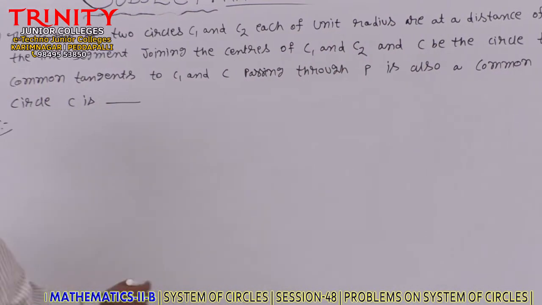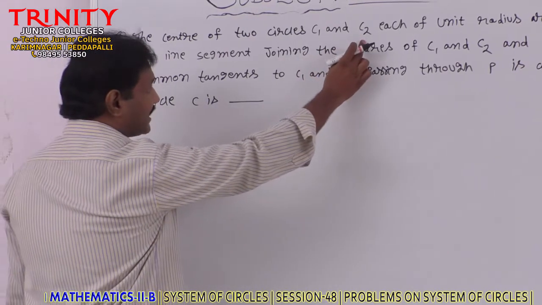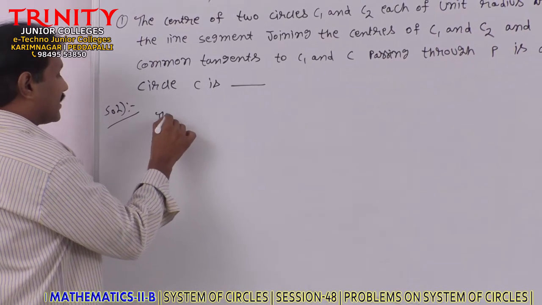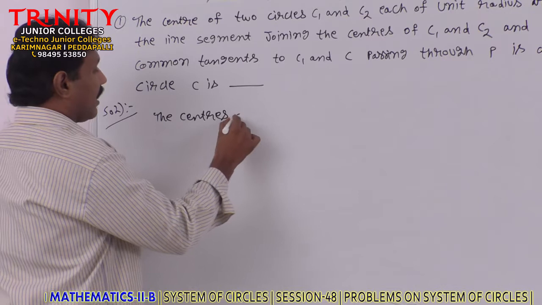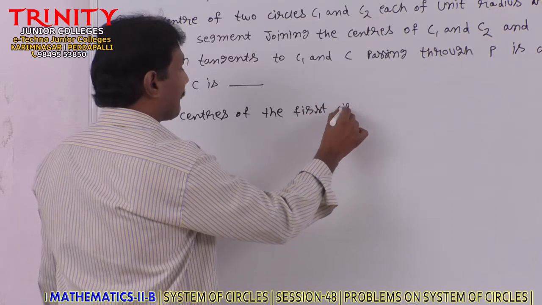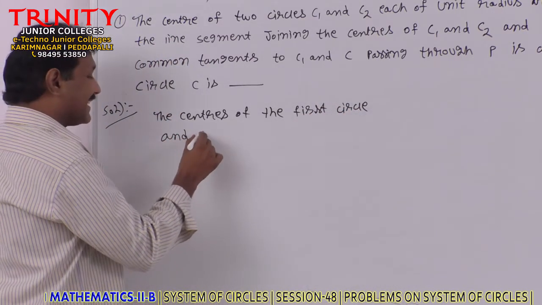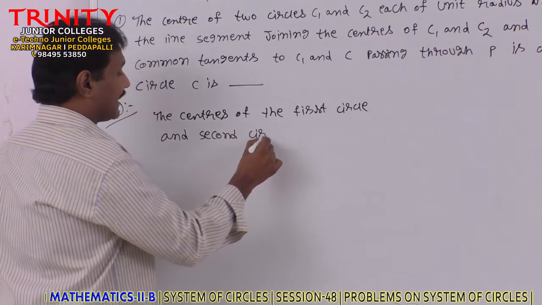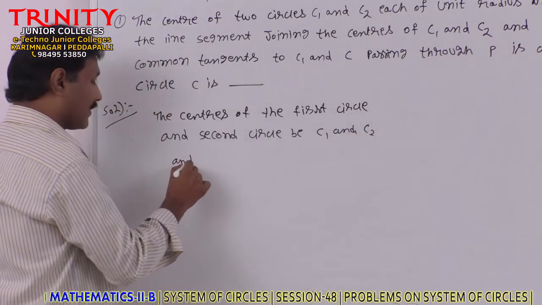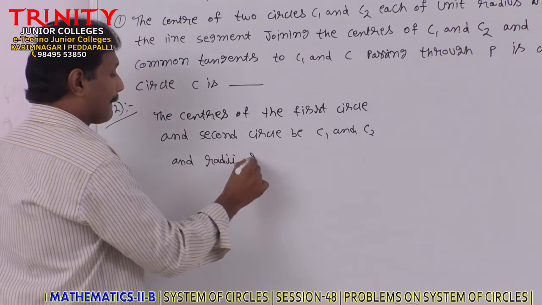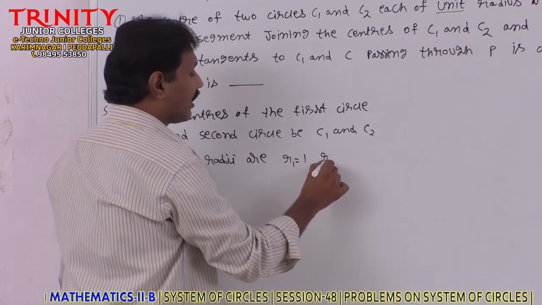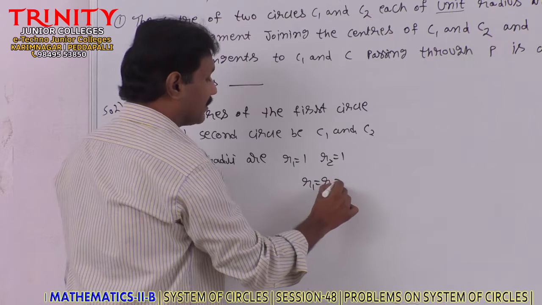The radius of each circle is 1 unit, that is R1 equals R2 equals 1.